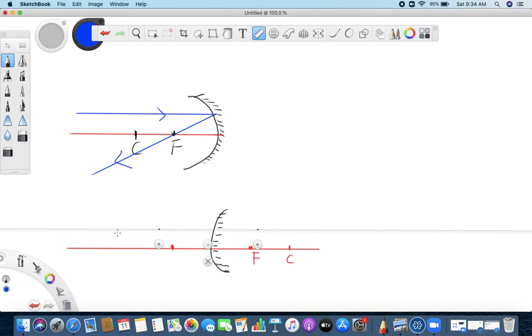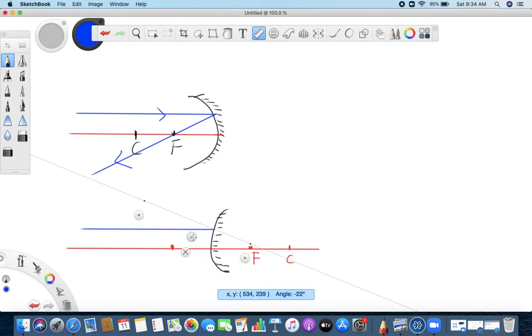The reflecting surface is on the left side, so I'm definitely going to draw the ray here only. Now as you know, this is a divergent mirror, which means after reflection the light goes like this. So this is the incident ray and this is the reflected ray.